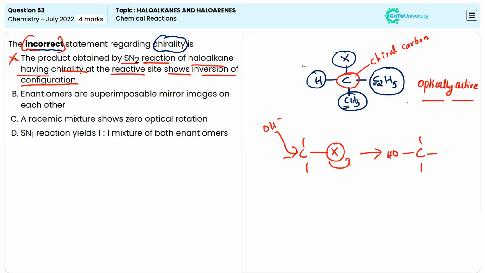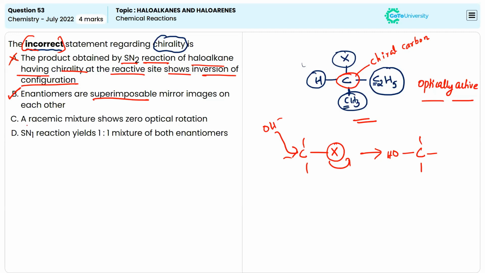Those molecules will be non-superimposable mirror images, meaning an optically active compound should always produce a non-superimposable mirror image. So if you take the mirror image of this given compound, it will be non-superimposable with the original one. So they are called enantiomers. Enantiomers are non-superimposable mirror images, not superimposable. So this is an incorrect statement. So this is the correct answer.